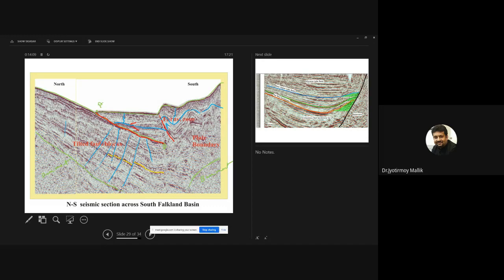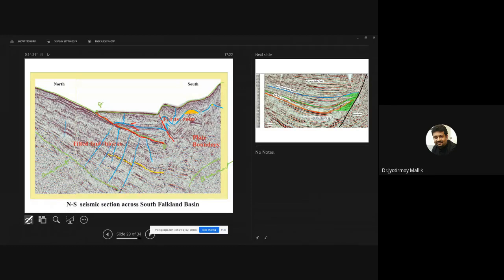So now if I ask you to identify traps, one of the traps could be, without any other information, there could be a trap here, and the spill point will be somewhere here, right? Because after that it will go away.